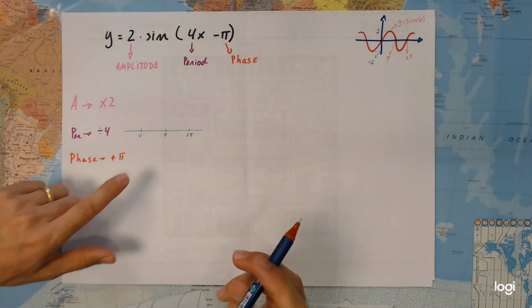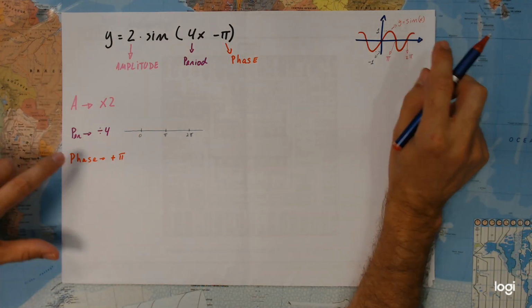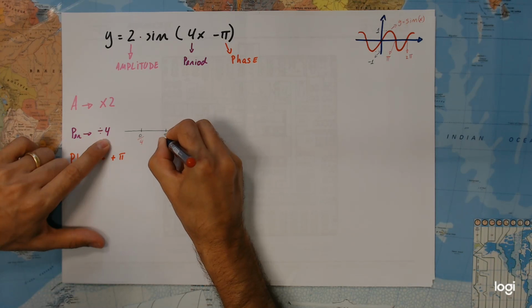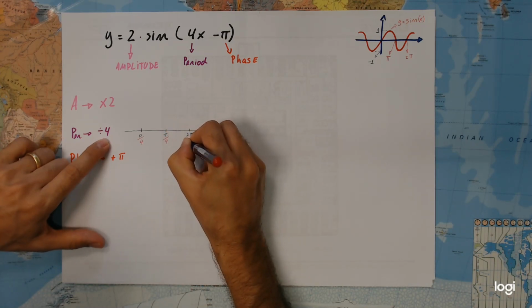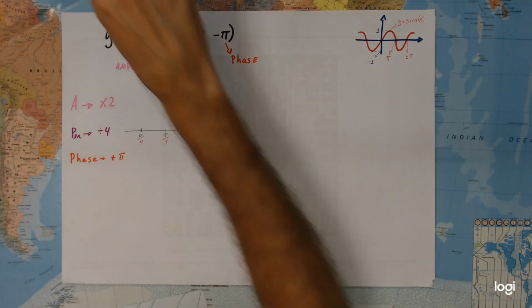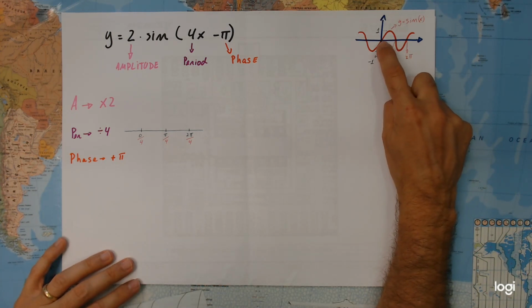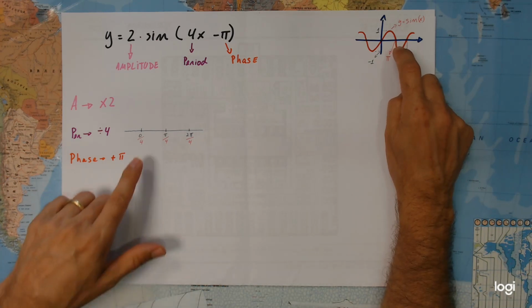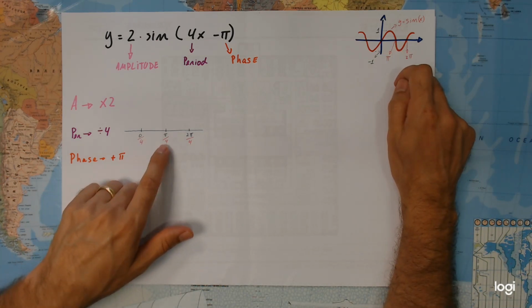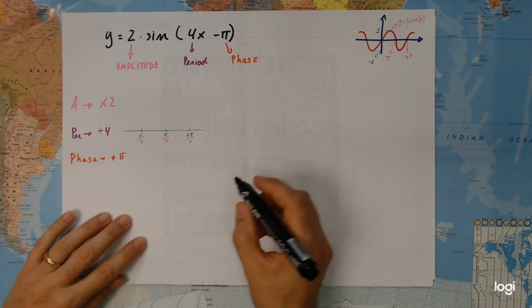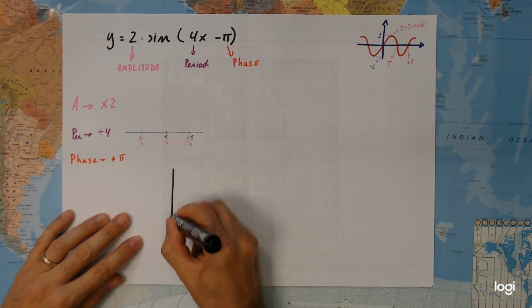This would be the normal function, but we have to divide by 4. So let's divide by 4, everybody. Okay. So what happens is now that this length in here, instead of being from 0 to pi, it is going to be from 0 to pi over 4, and that's it. Once we have done this, now our charting is done.